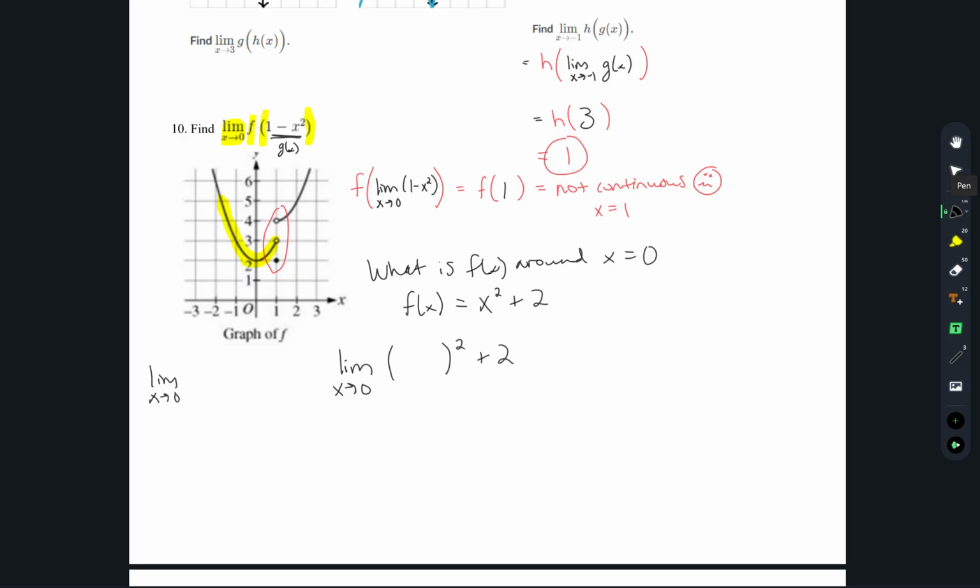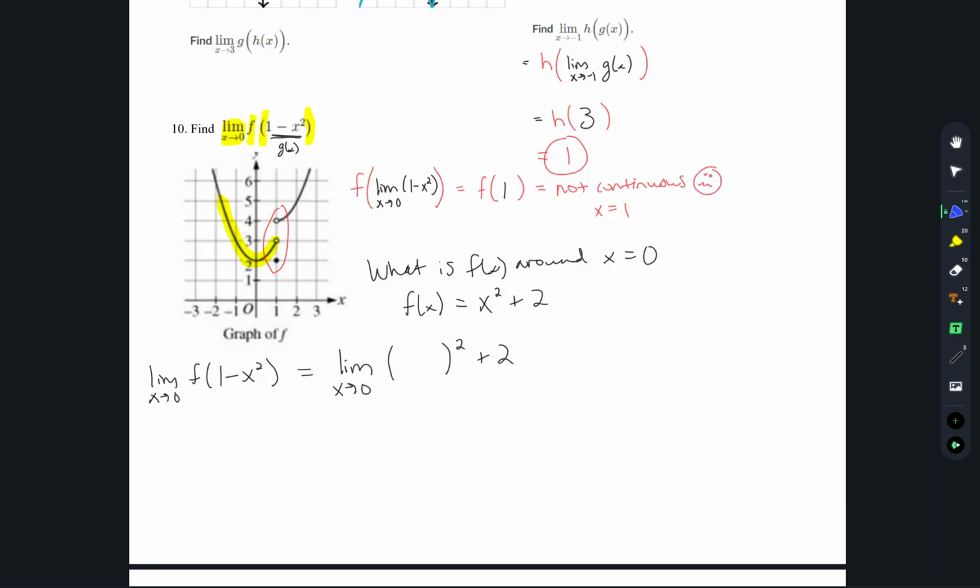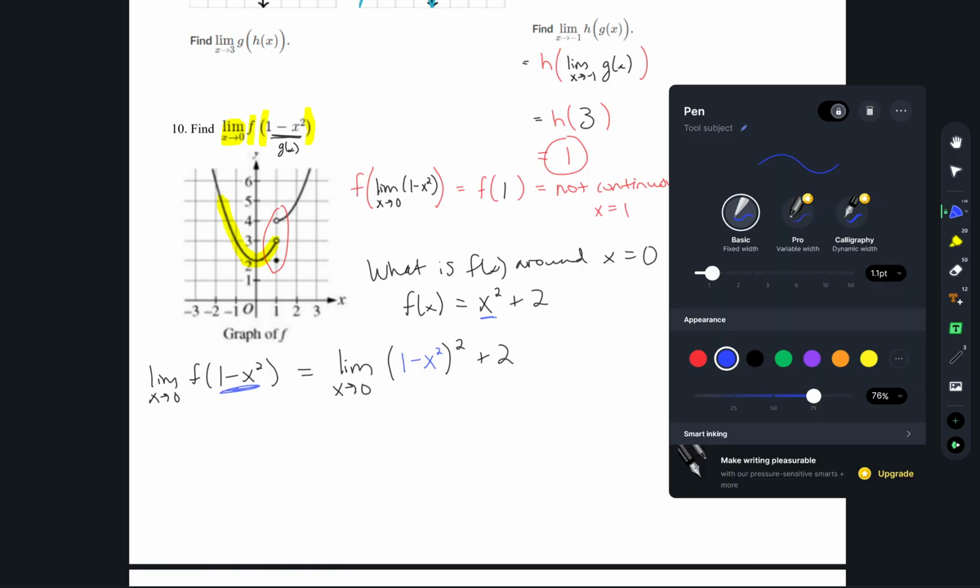So I'm going to go f of 1 minus x squared, right? I'm just plugging in the equation I made for f, and I'm going to plug this in for my x. So I had to makeshift an equation for it. Okay. And then when I plug in the 0 old school style, I'll get my answer.